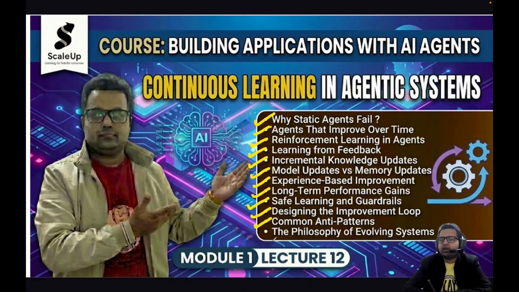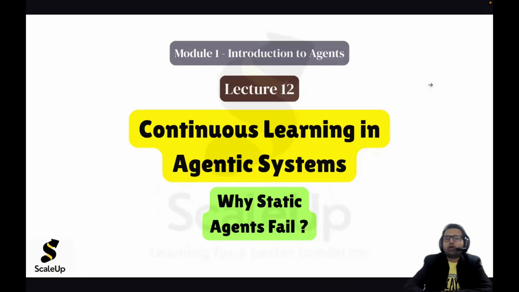Finally, we will conclude this lecture by discussing the philosophy of evolving systems. All these topics we will discuss in good detail. So this is module 1, Introduction to Agents, lecture 12, Continuous Learning in Agentic Systems.